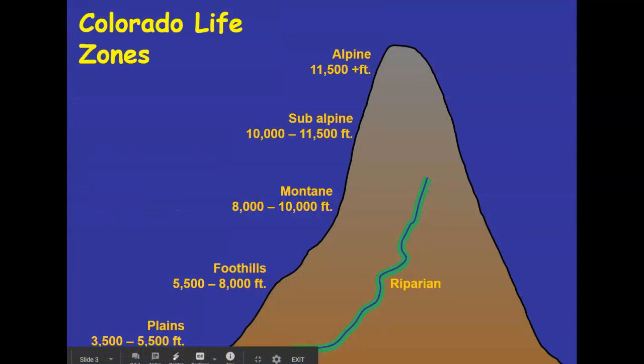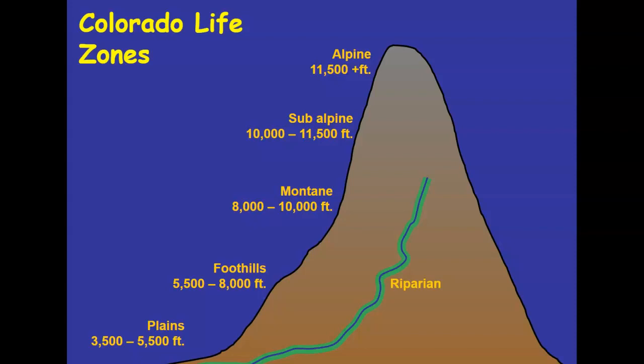So as I just described, the plains, foothills, montane, subalpine, and alpine life zones are elevation dependent. Depending on aspect, which is which direction the slope is facing, these are ranges. They are not very specific. So, for example, on northern slopes, the ranges tend to be a little lower in elevation because there's more moisture.